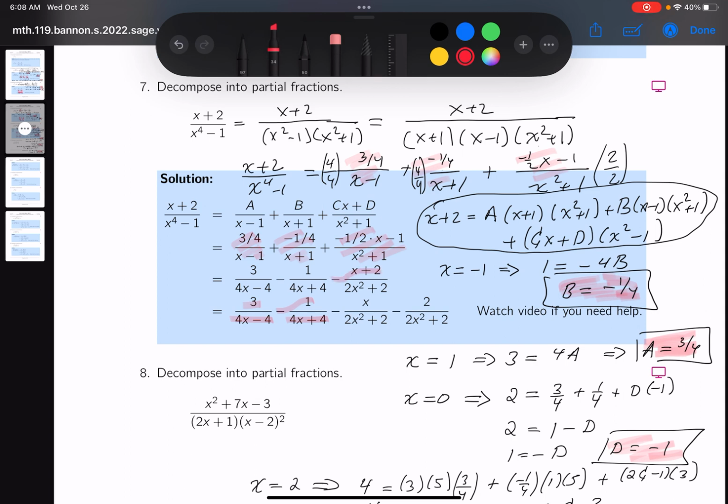And on the bottom, you would get 2x squared plus 2. All right? Now someone says, what did you do over here? I split this into 2 terms. What would those 2 terms be? Minus x over 2x squared plus 2, minus 2 over 2x squared plus 2. So I feel comfortable with that. Thank you.